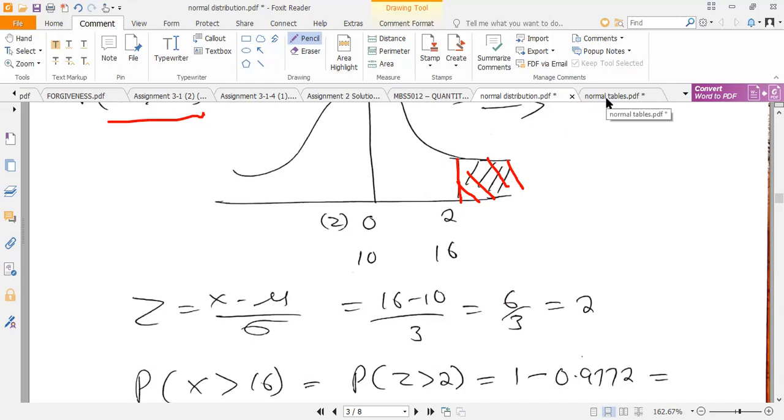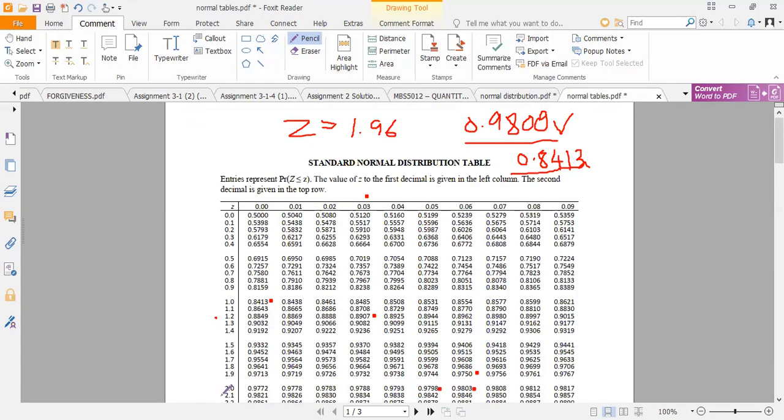So when we go to our normal distribution tables and check under 2.0, it is 0.9772.